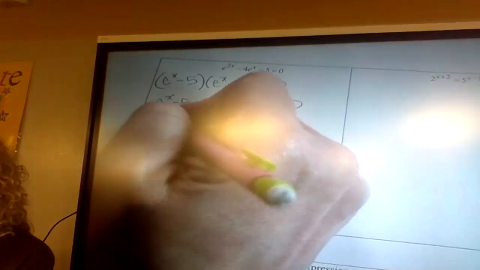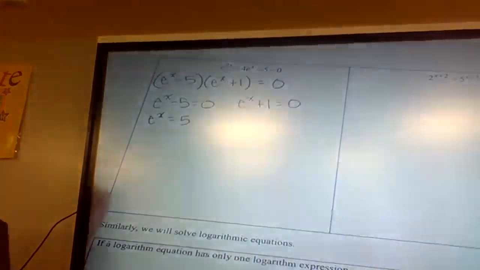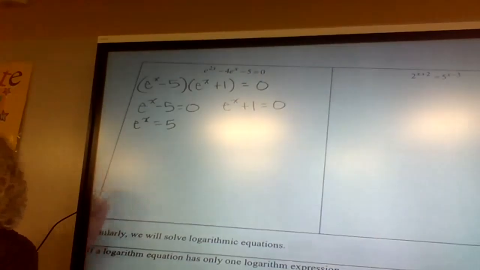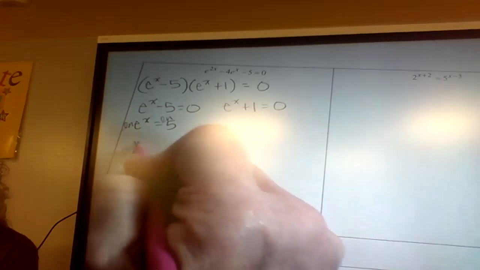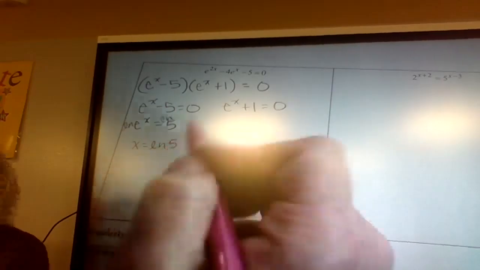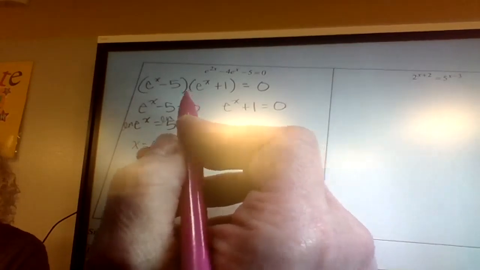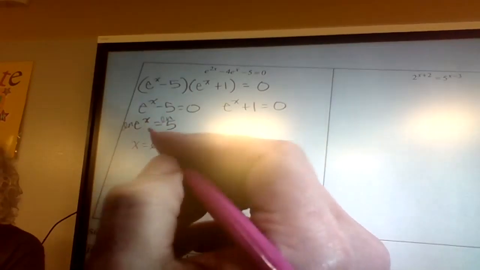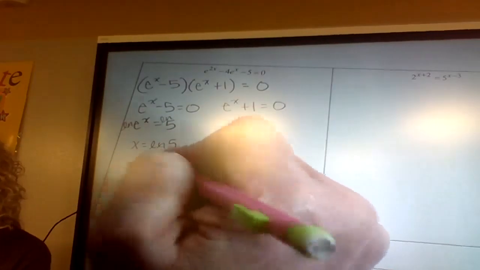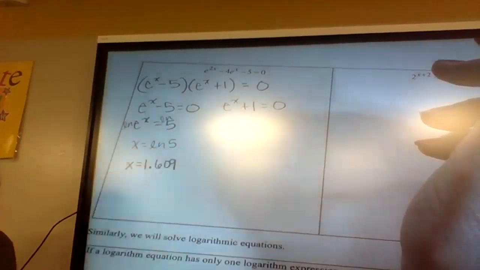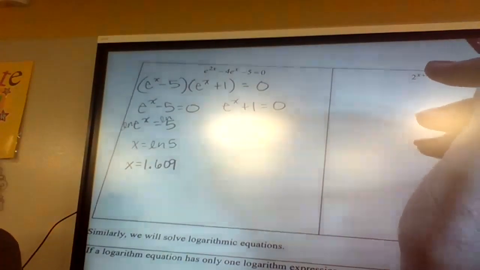So let's just focus on this side for now. e^x = 5. Take the natural log, so you end up with x = ln 5, which is 1.609. Now this side.